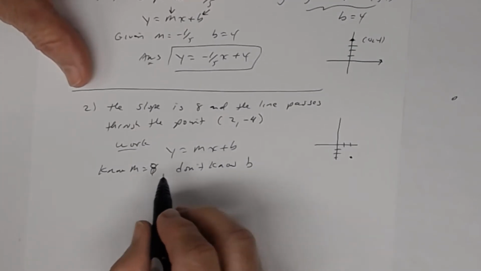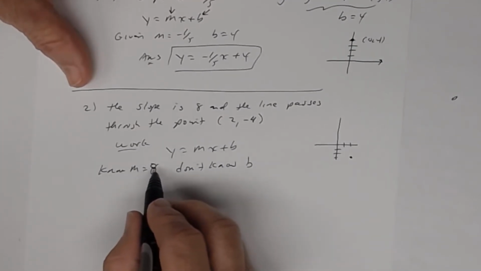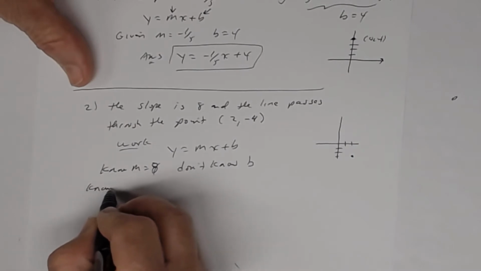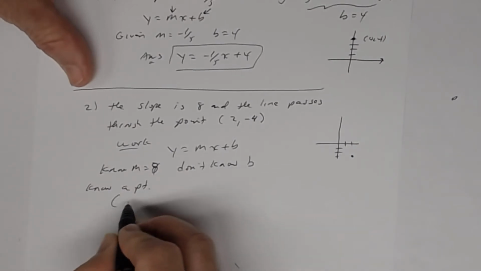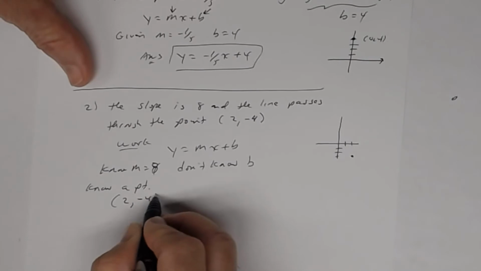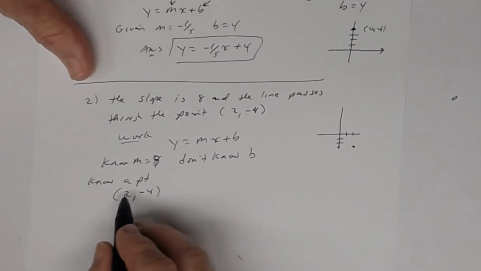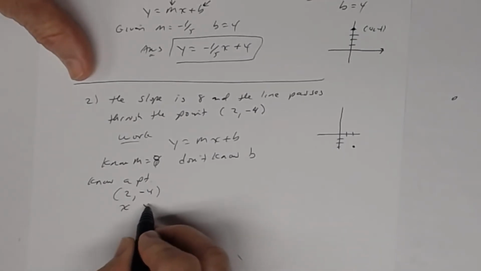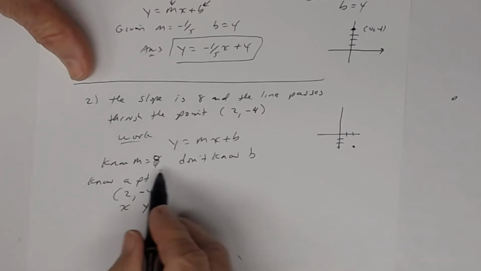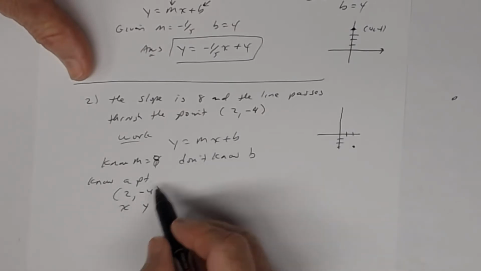So here's what you're going to do. I know the slope and I know a point, and the point I know is (2, -4). In a point, this is my x coordinate, this is my y coordinate. So all you're going to do is substitute those into this equation.